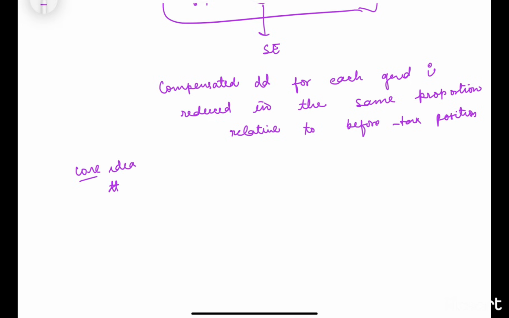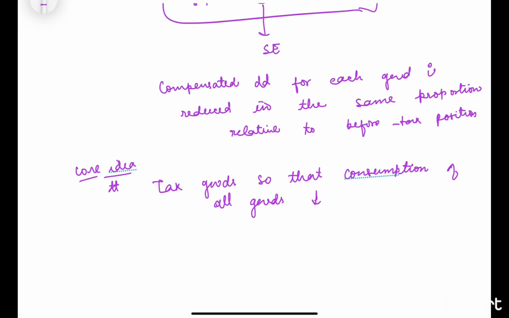It is saying that we need to tax goods so that the consumption of all goods falls by the same proportion, obviously after adjusting for the substitution effect.